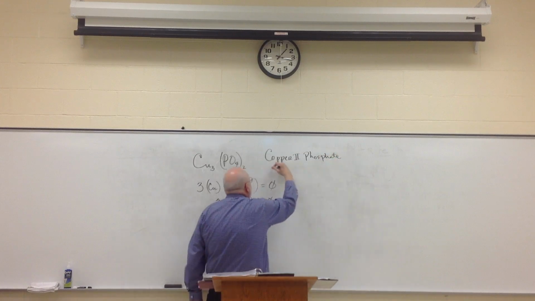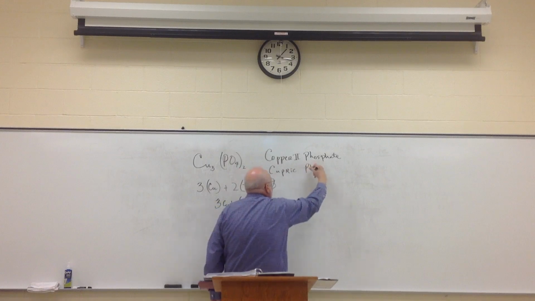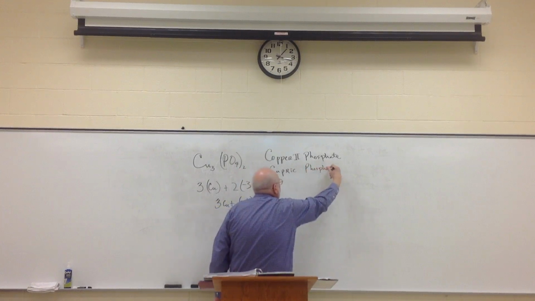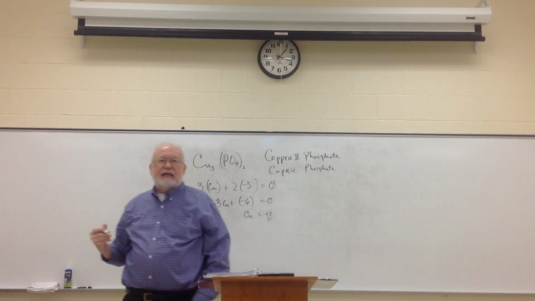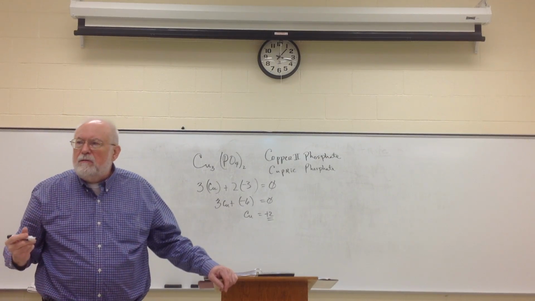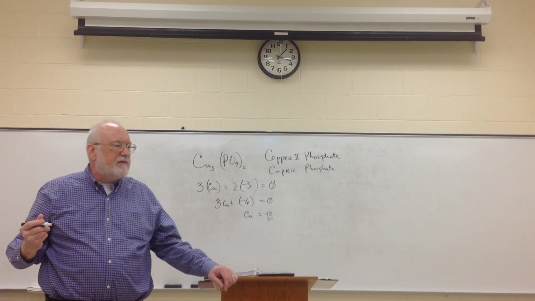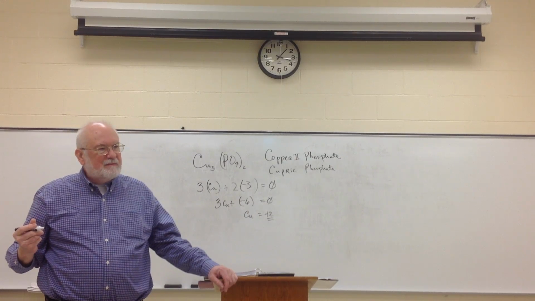And the suffix name would be cupric phosphate. And there it is. Now, there's nothing hard about that, is there? No! There's nothing hard about any of it. Now you just need a little practice.